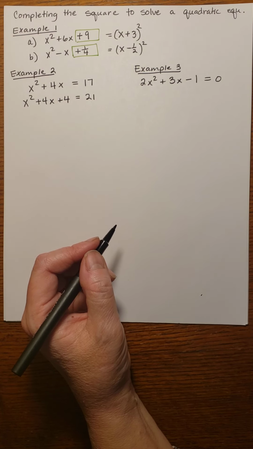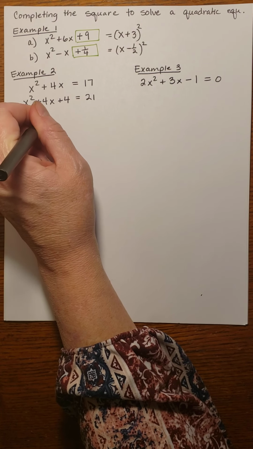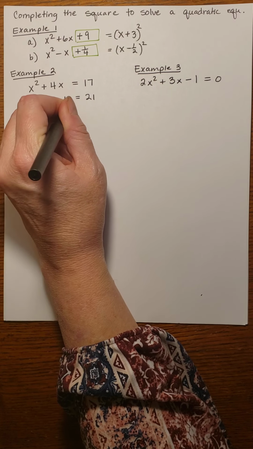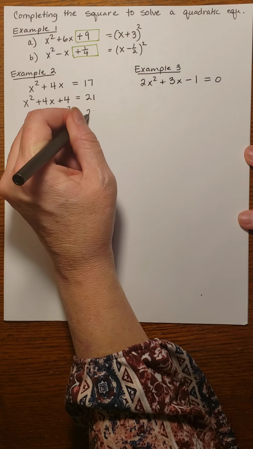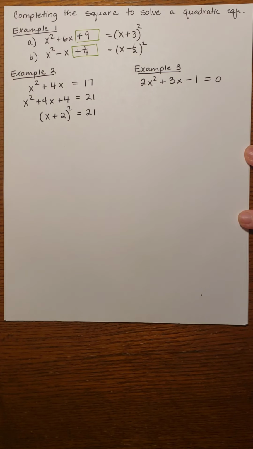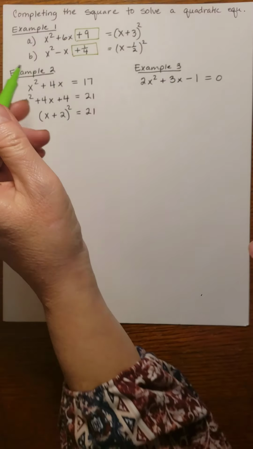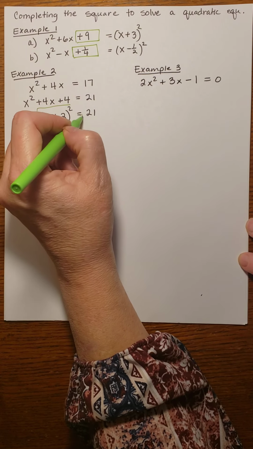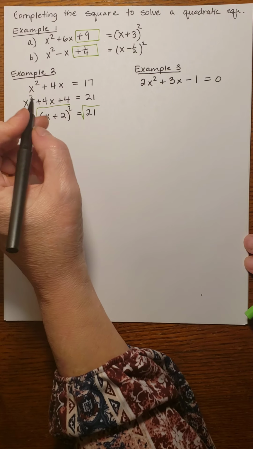Now, this becomes x plus 2 squared, and the right side is still 21. And now I can solve this by taking the square root of both sides using the square root property. And what this gives me is x plus 2 equals plus or minus the square root of 21.